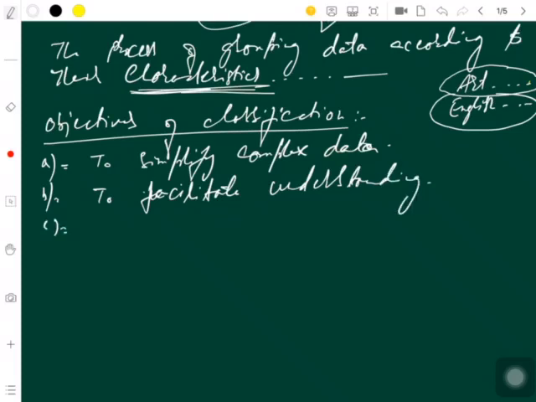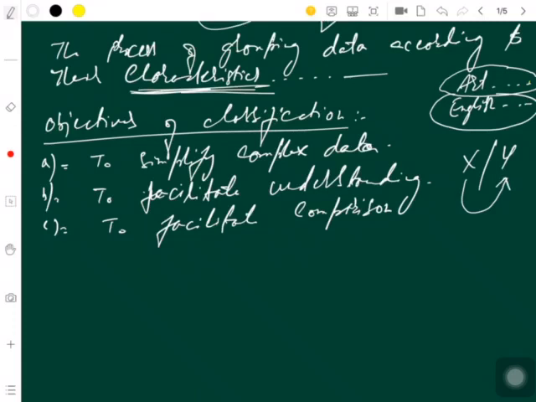The third will be to facilitate, again what? Comparison. Okay, we do all these things for comparison of variable x with variable y, impact of variable x on variable y, a change in variable y due to variable x or vice versa. So that is only possible.